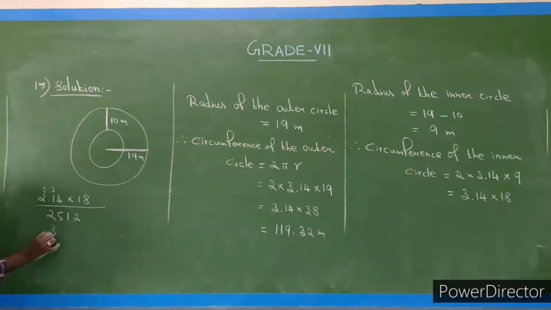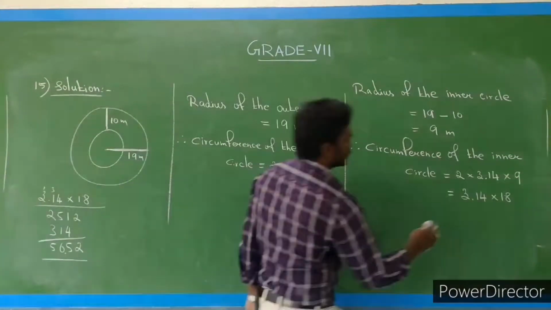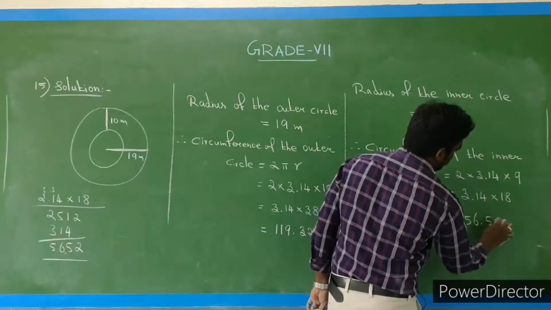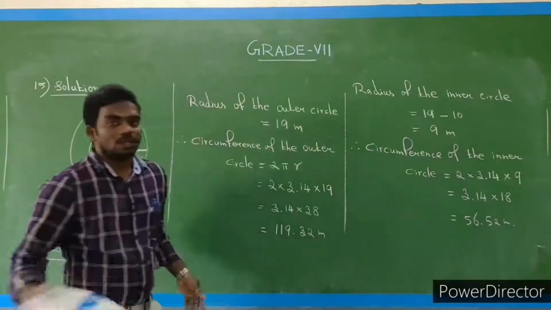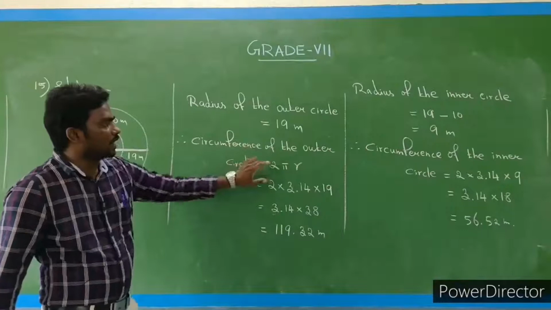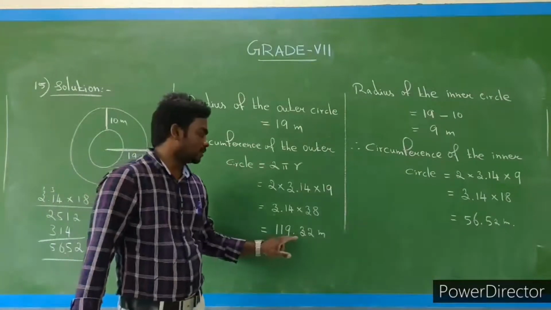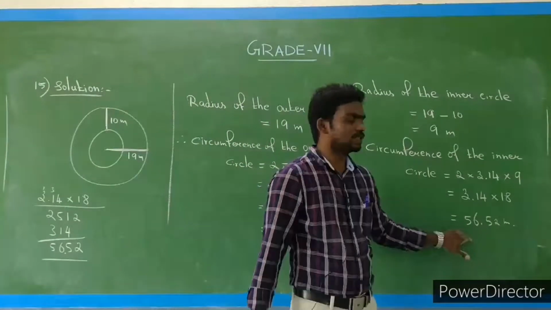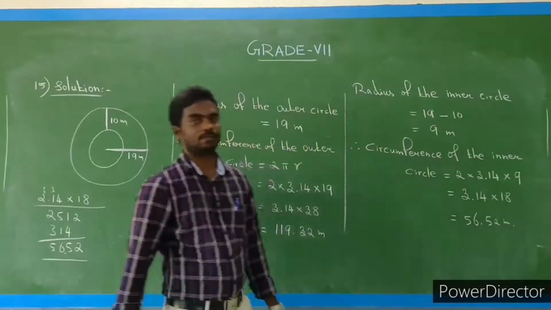Next 3 1 4, so 56.52 meter. So we find the circumference of the outer circle is 119.32 meter and the circumference of the inner circle is 56.52 meter.